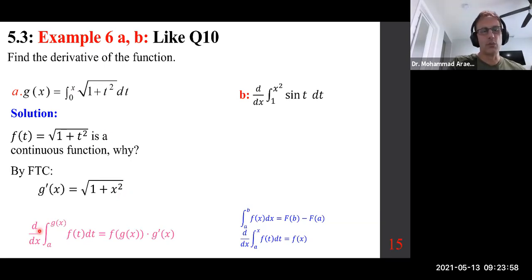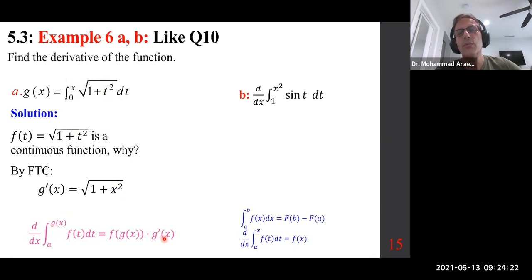Now, take a look at this one. We've gone over the proof of that. If you're taking the derivative and now the upper limit over here is x, but over here is a function of x, then remember t was replaced by x. So the same thing is going to happen. T will be replaced by this upper limit g of x. However, by the chain rule, we multiply by the derivative, which is g prime of x.